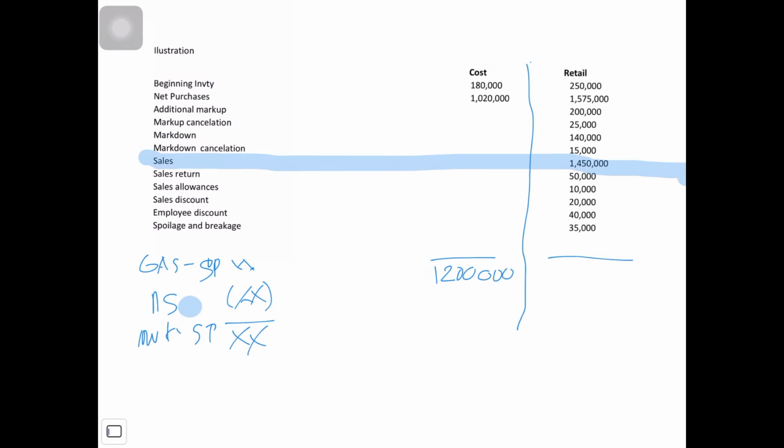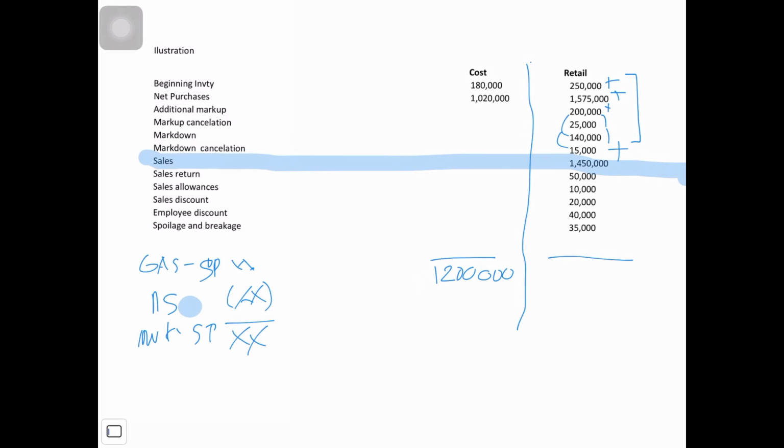Now, beginning inventory is added. Net purchases are added. Additional markup is added. Markup cancellation is deducted. Markdown is deducted. Markdown cancellation is added.